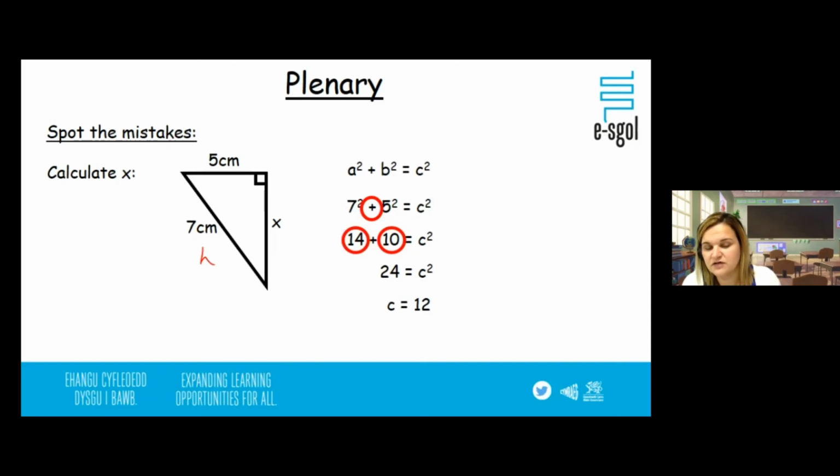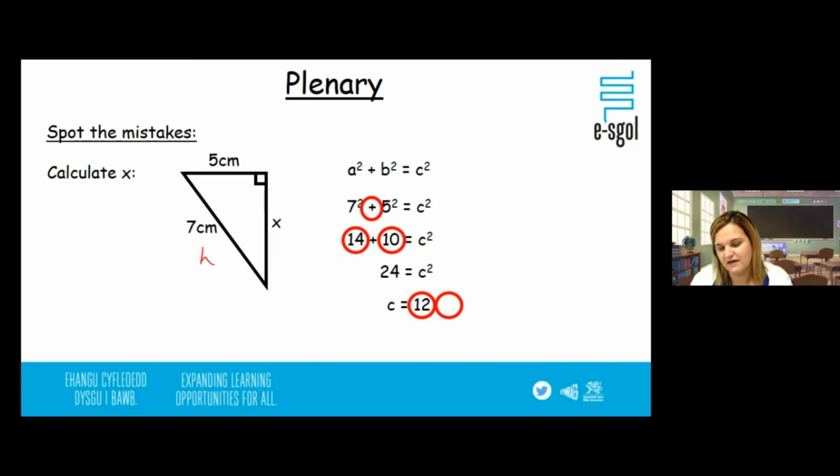So the 12 is incorrect. It should have been what 2 numbers multiplied together make 24, and you would need your calculator at that stage. And then the final thing that is wrong is that there are no units on here. They should say centimetres on the end, relating it back to the question.